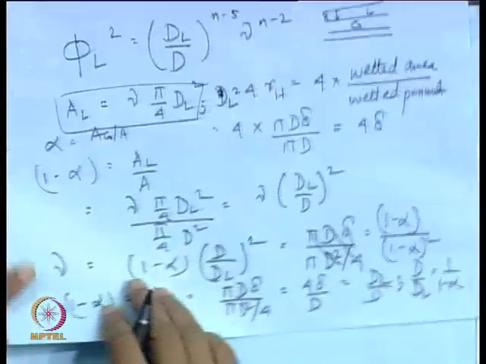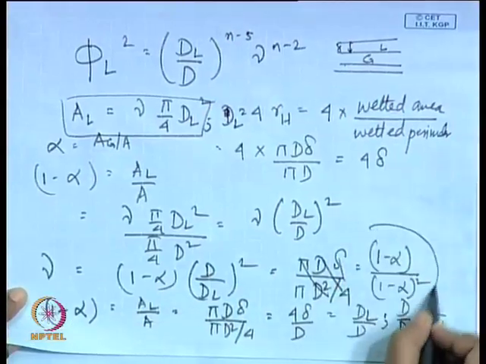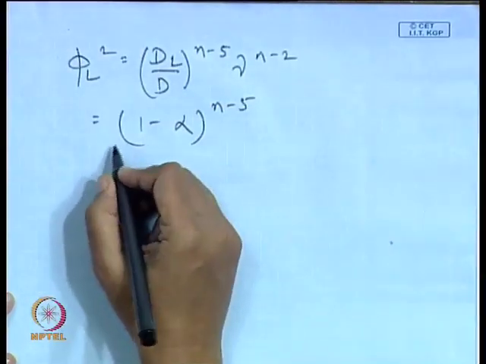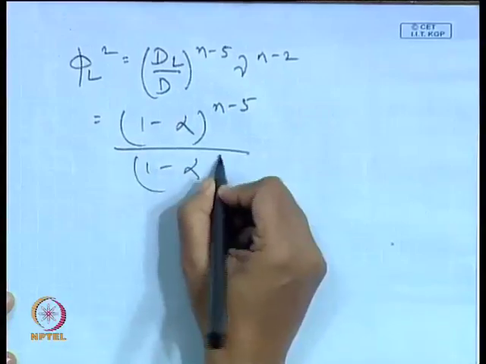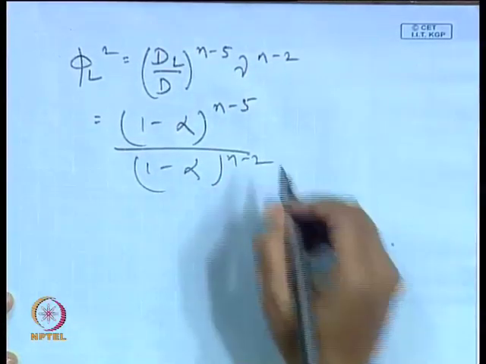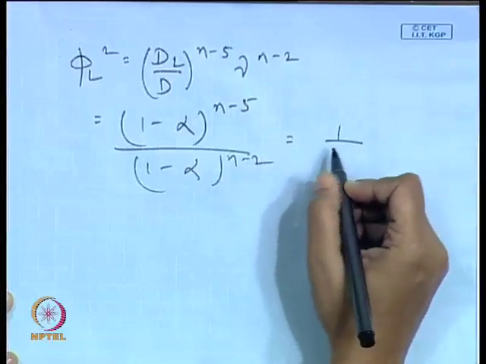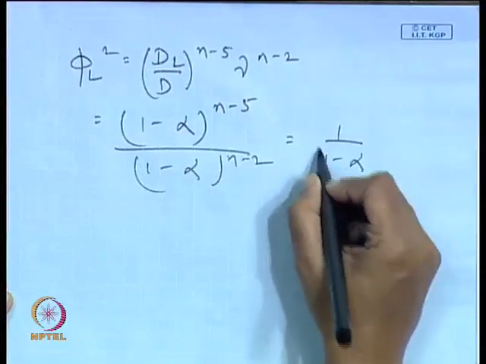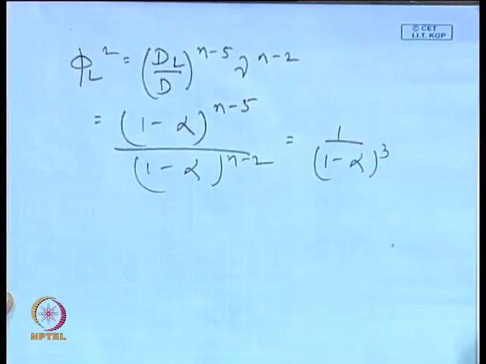Fine. And what is gamma? This is nothing but 1 by 1 minus alpha. So, therefore, this will become 1 by (1 minus alpha) whole to the power n minus 2, fine. So, therefore, this is nothing but equal to 1 by (1 minus alpha) whole cube.